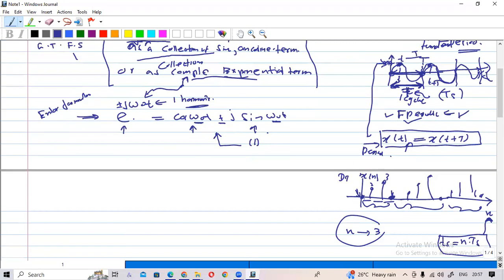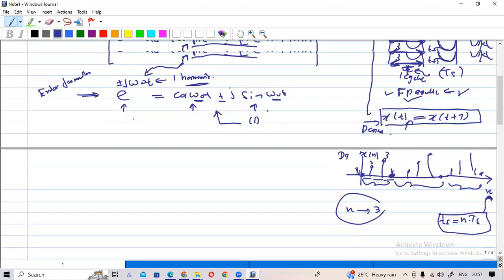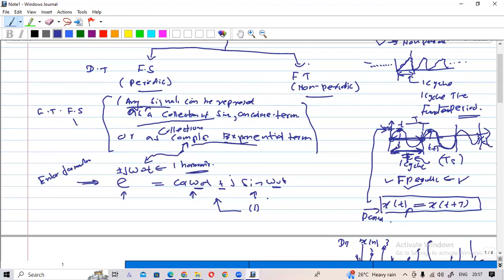So now maybe you can understand that we can represent this signal as a collection of complex exponential terms or as a collection of sine and cosine terms.